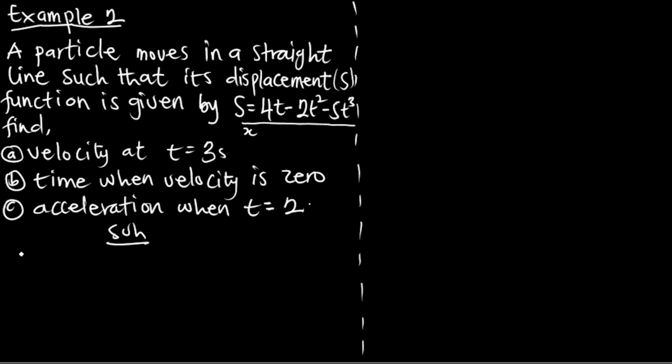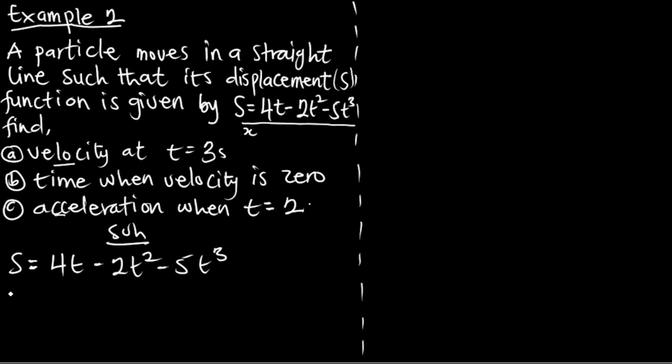So can we write our displacement equation? This is s = 4t minus 2t squared minus 5t cubed. Are we okay? Yes. So we have our displacement equation given, and we want to determine both velocity and acceleration.